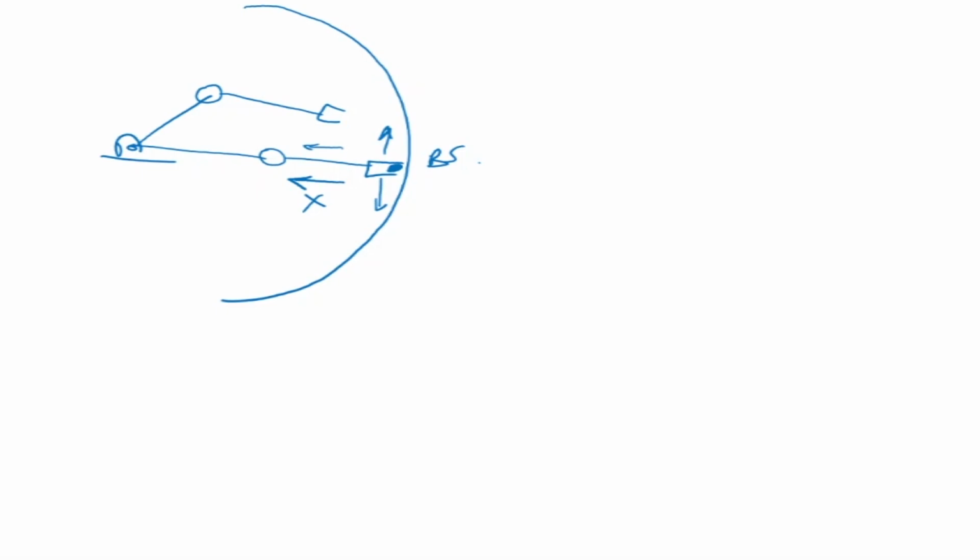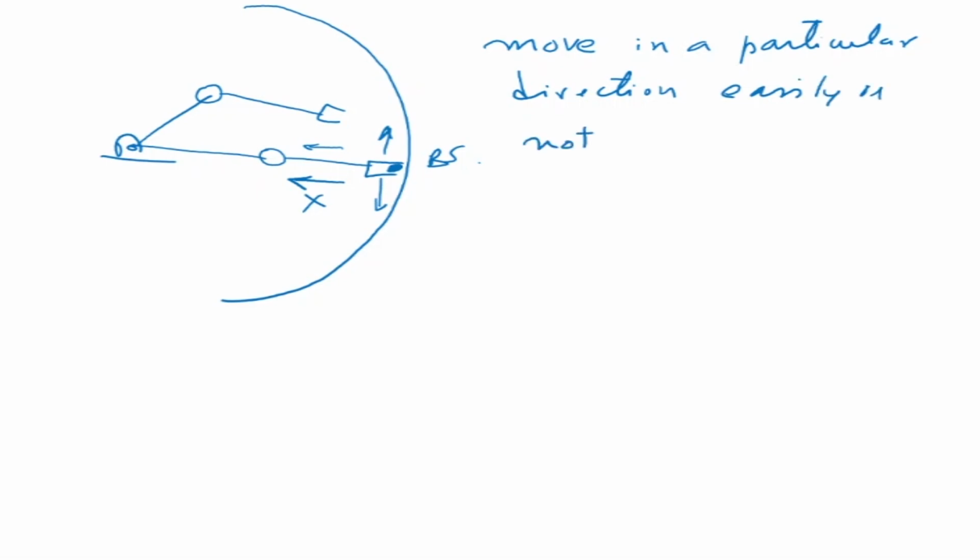So whether we can move in a particular direction easily or not is governed by the Jacobian again, the determinant of the Jacobian, because this is basically leading towards the singularity.